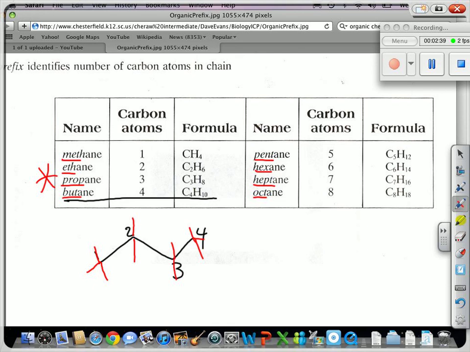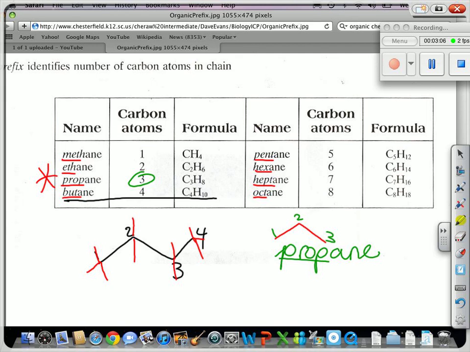So let's say I draw this one here. How many carbons do I have? Every time I see a vertex where I have a point, I count 1, 2, 3. I have 3, so this is propane. Anytime I have 3 carbons, I'm going to name it with prop in front of it: propane.